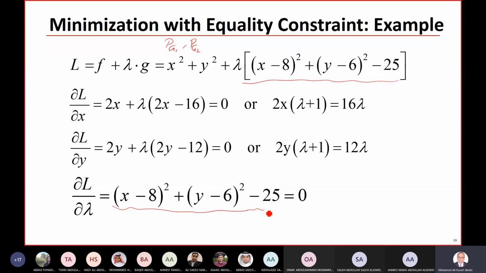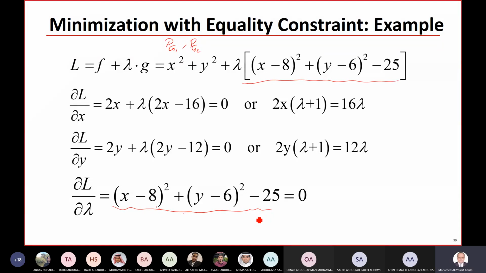If you look deeply at this, this is exactly the constraint. And if we need optimality, we have to solve these equations. That means this constraint equals 0.